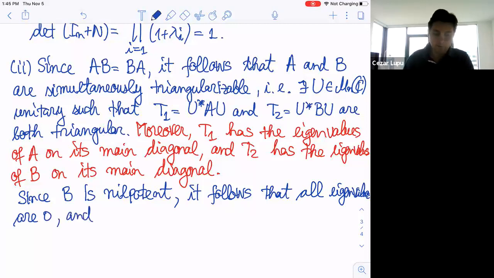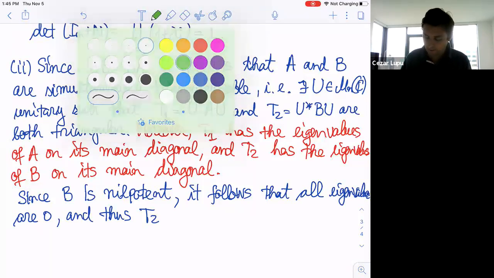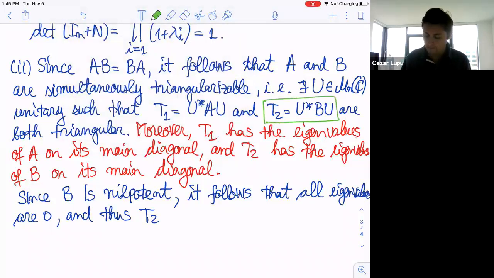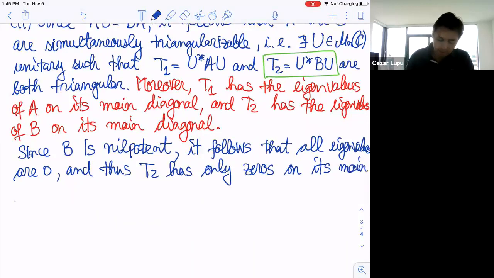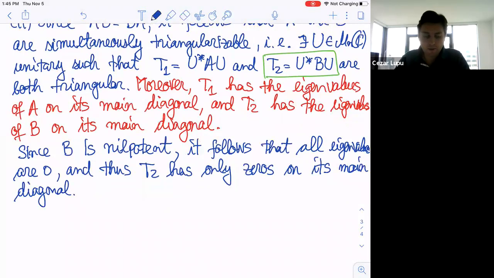And thus, for example, T2, because T2 has this expression here, so T2 is U star BU. So it follows that T2 has only zeros on its main diagonal.